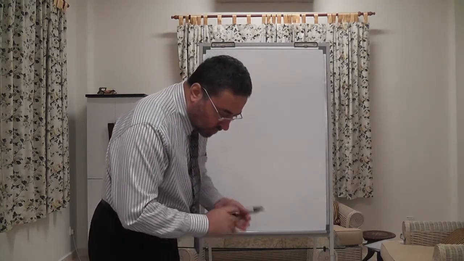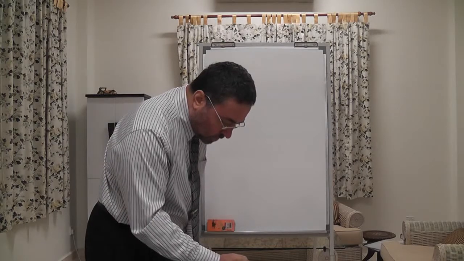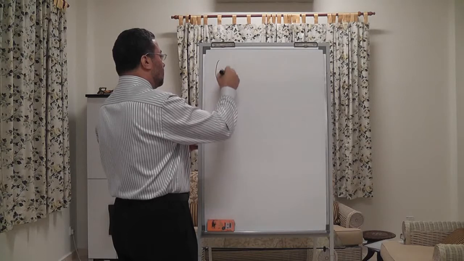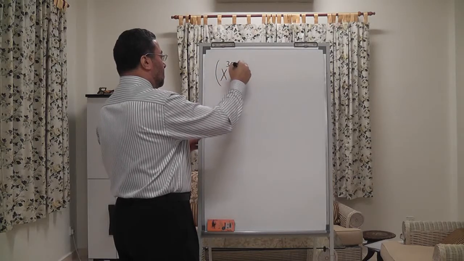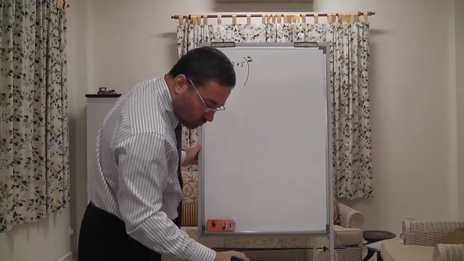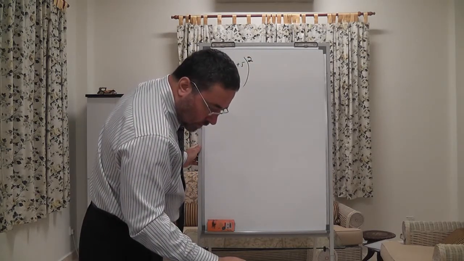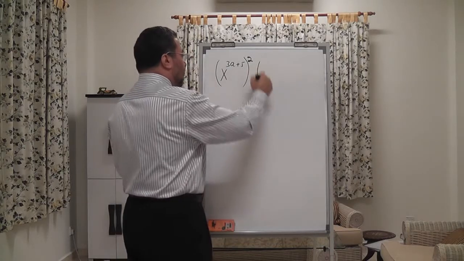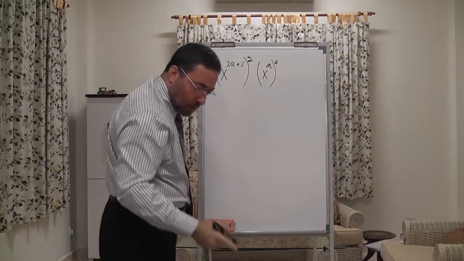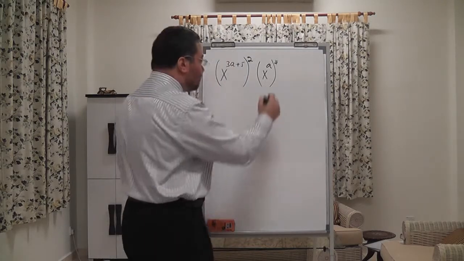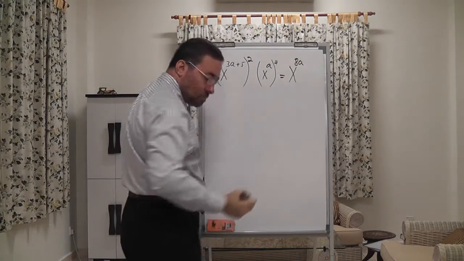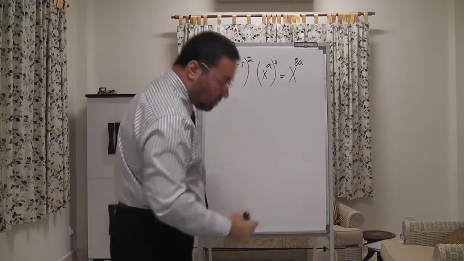Next is number 50. X raised to 3a plus 5 into x raised to a to the fourth, and that's equal to x to the 8a plus 12.